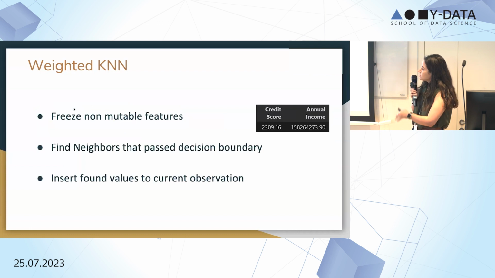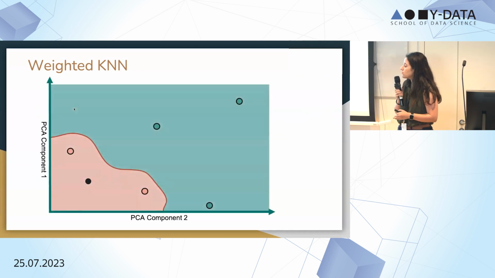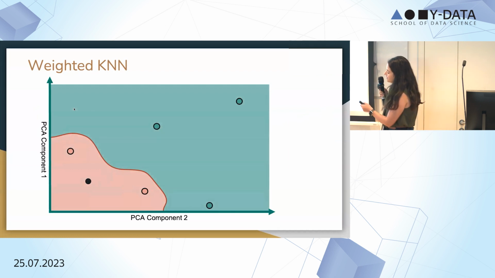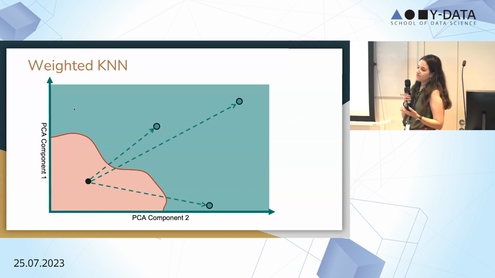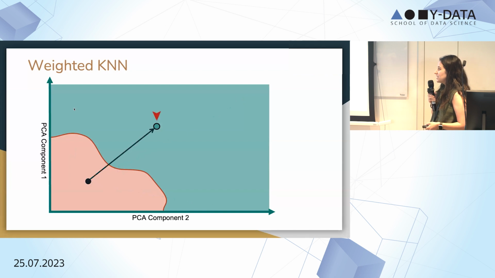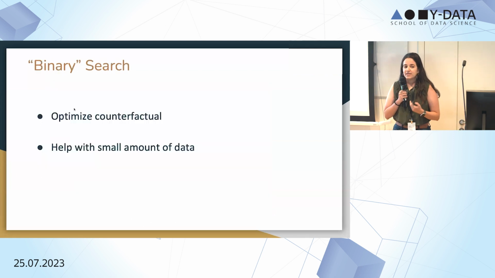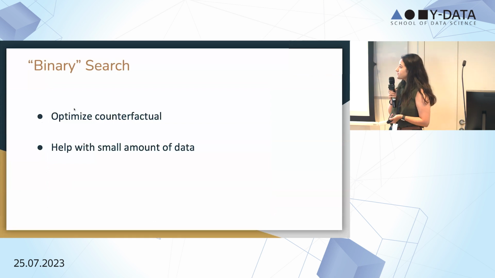Taking into consideration only the credit score and annual income, we created an algorithm that can take your data point, you see this black dot, and try to move it to the other side of the decision boundary, trying to understand what we can change in order to get there. This is exactly what we did, using binary search, weighted KNN, and PCA to lower the dimensionality of our data.